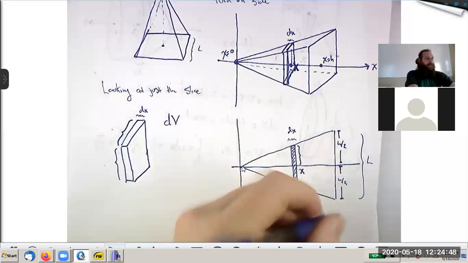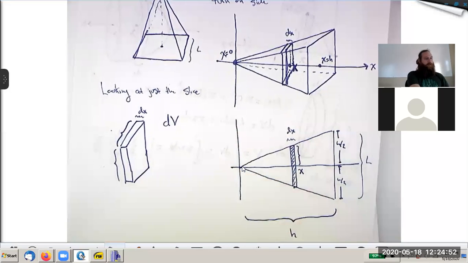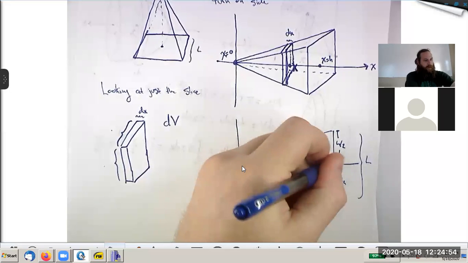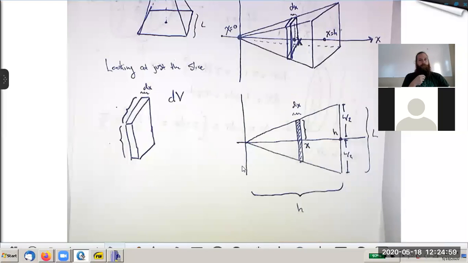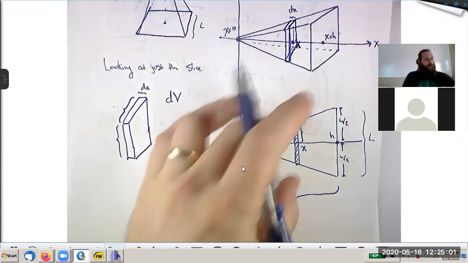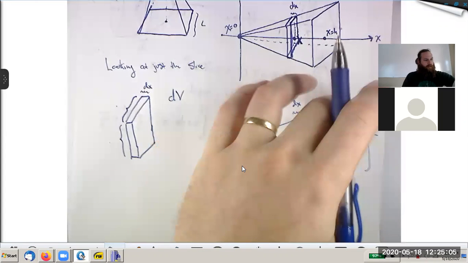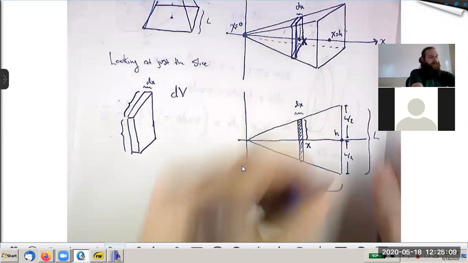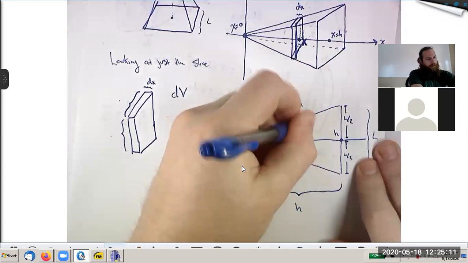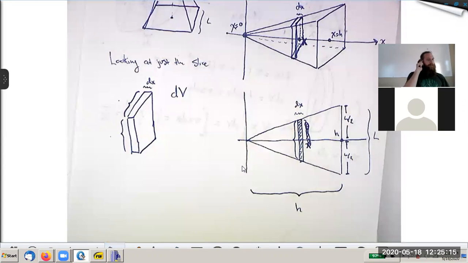Remember that this distance is h, right? In other words, right here, this is x equals h. So this distance over this distance is equal to this distance over this distance. Now, instead of going after that, why don't we just go after this? Because this is really what I want.